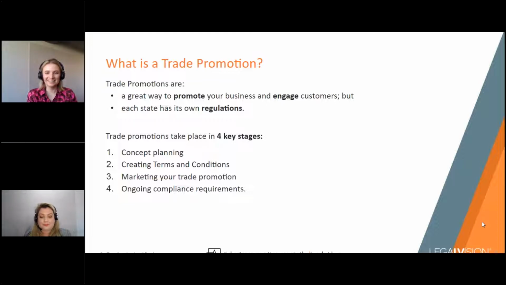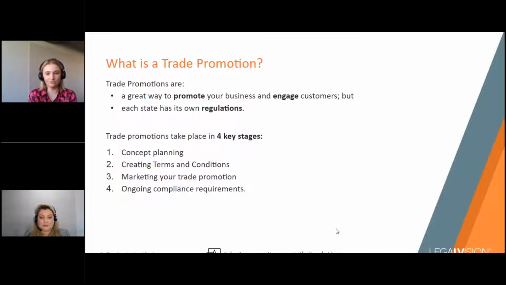Thanks, Beck. So trade promotions are a great way to promote your business and encourage customer engagement. They're relatively common forms of advertising for businesses, however they are quite regulated. This is because they're closely aligned with gambling, which is a heavily regulated industry, as you can imagine.